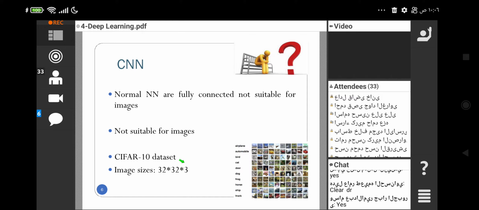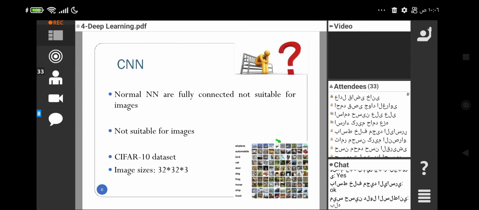This 3 is the RGB. 32 by 32 means the size of each of the images is 32 pixels by 32 pixels. Do you understand that?